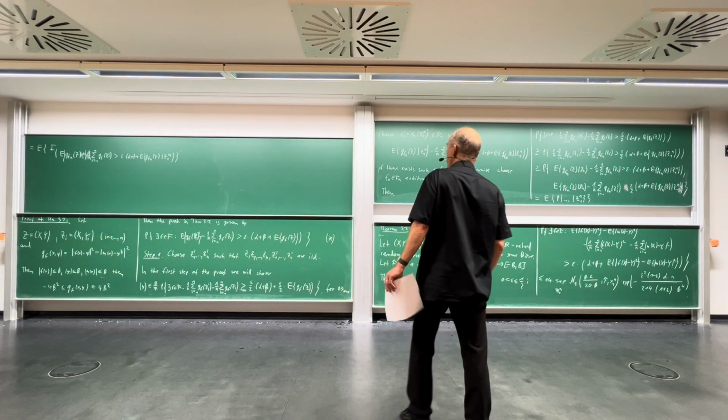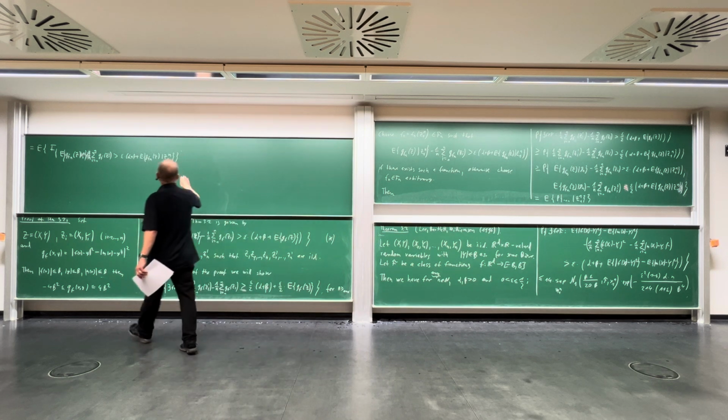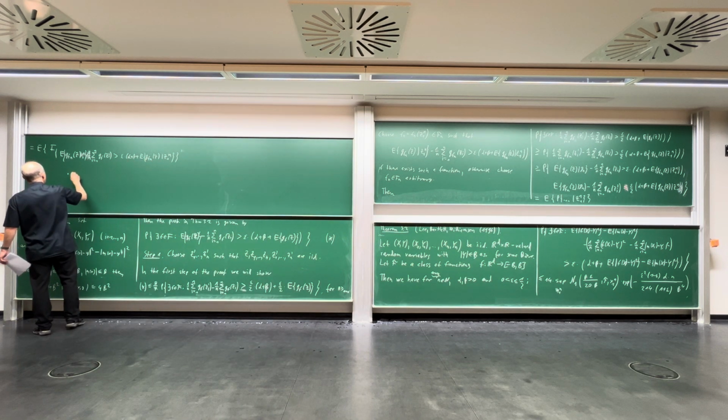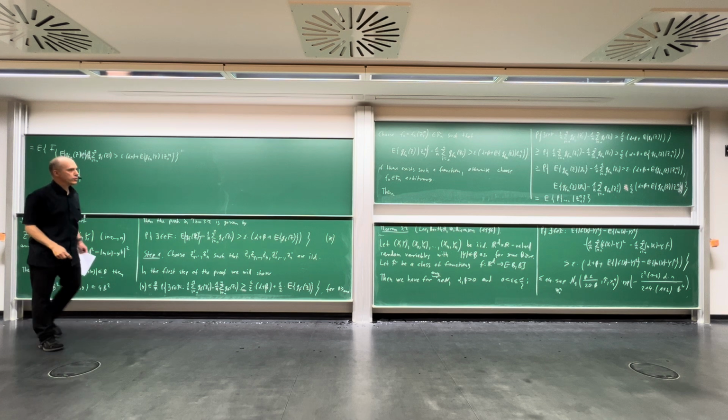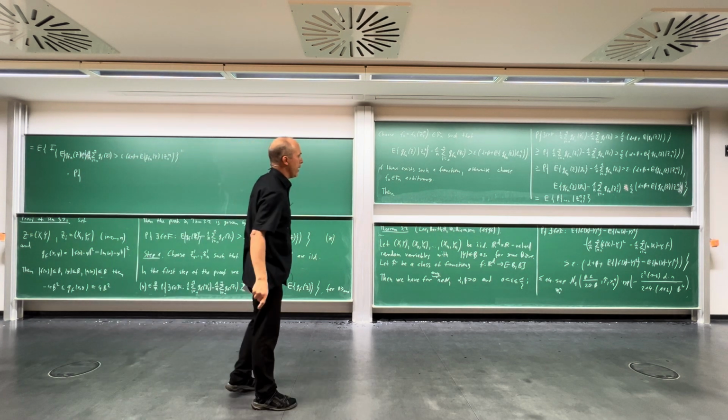And then I have the conditional probability. And this conditional probability is the second line.